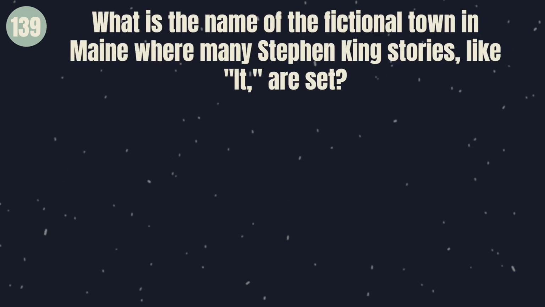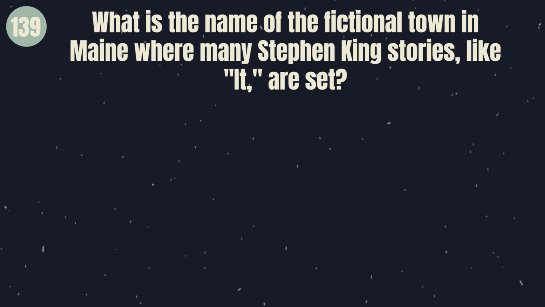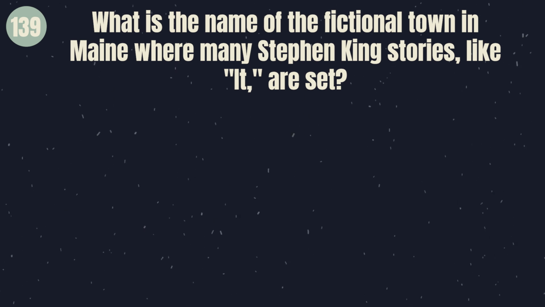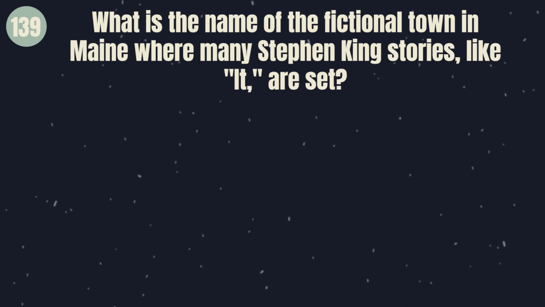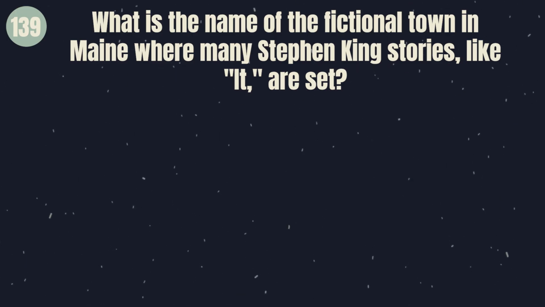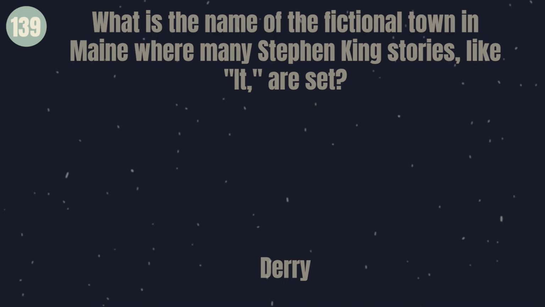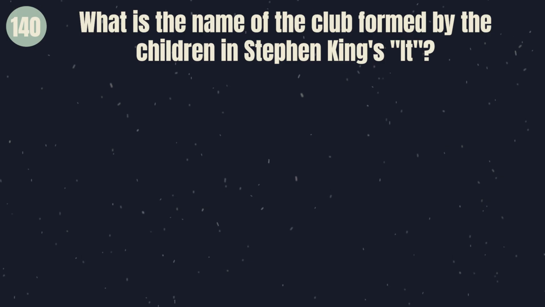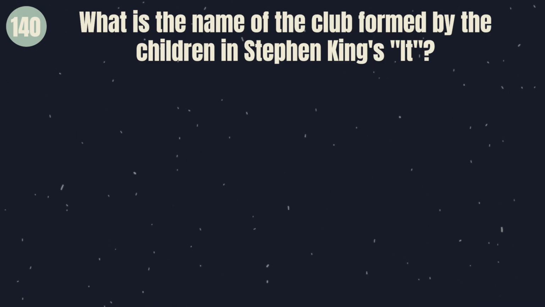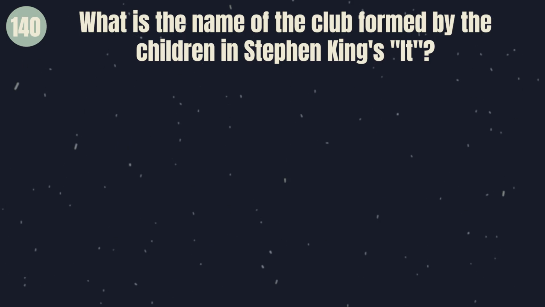What is the name of the fictional town in Maine where many Stephen King stories, like It, are set? Derry. What is the name of the club formed by the children in Stephen King's It?